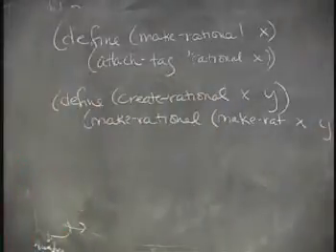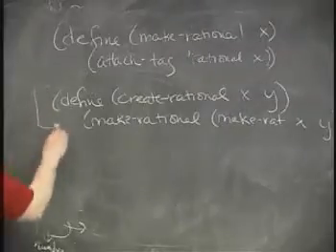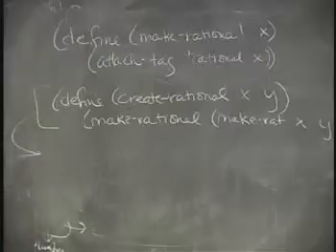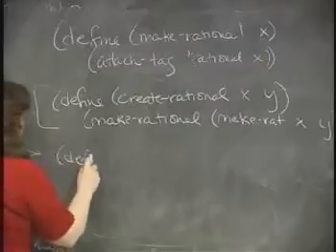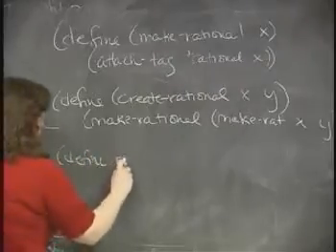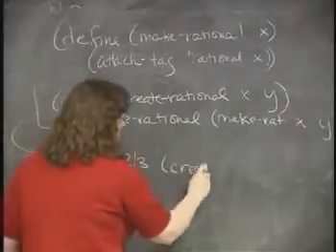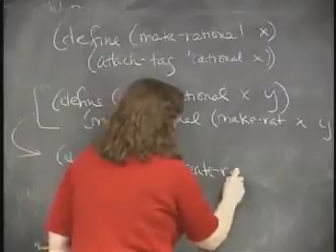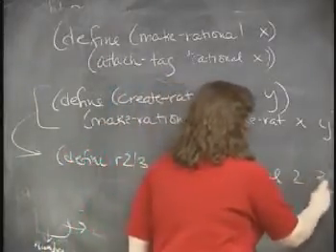Okay, so create rational would be what we would call from the outside land if we wanted to make a rational number. So let's say I wanted to make a rational, I'm going to call the rational 2/3. Then I'm going to call create rational on 2 and 3.